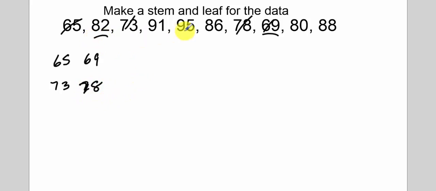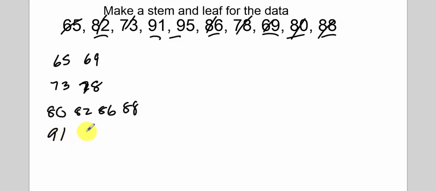Go to the 80s. I've got an 82, an 86, an 80, and an 88. So we go 80, 82, 86, 88. Cross those guys off. And I've got two 90s, 91, and a 95.